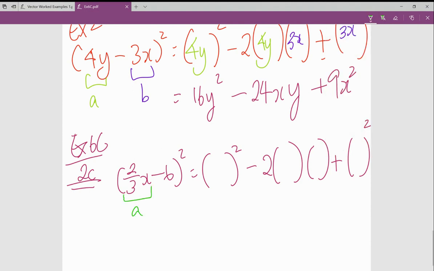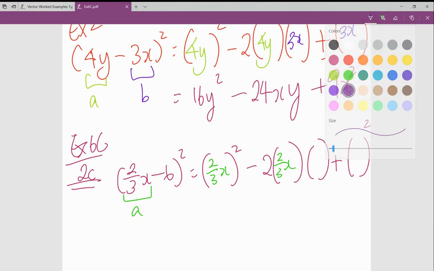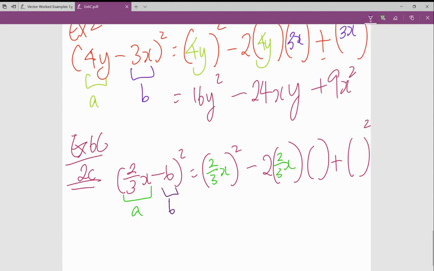A is 2/3 x, and b is 6. So the answer is 4/9 x squared minus, use your calculator, 2 times 2/3 times 6 is 8x, plus 36. That's the answer.